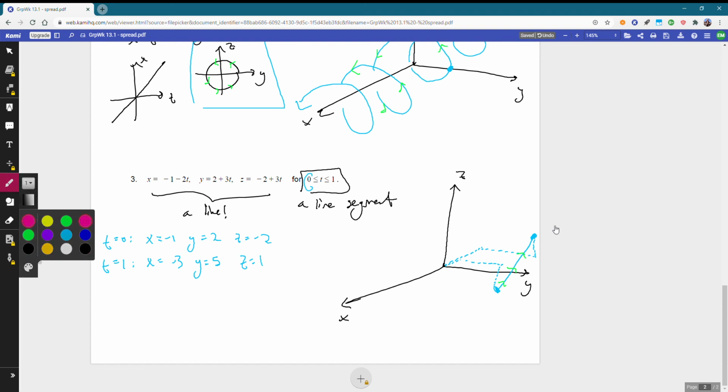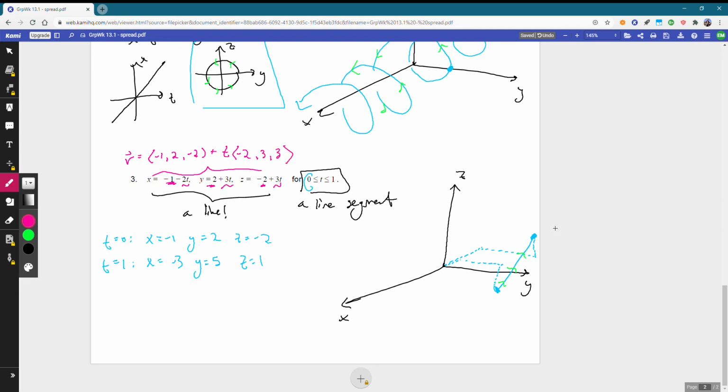I promised another perspective. Here, if we'd like, we can take these parametric equations and reconstruct them as a point plus scaling a vector. This is going to be -1, 2, -2, looking at our constants, plus t times the coefficients, so -2, 3, 3.